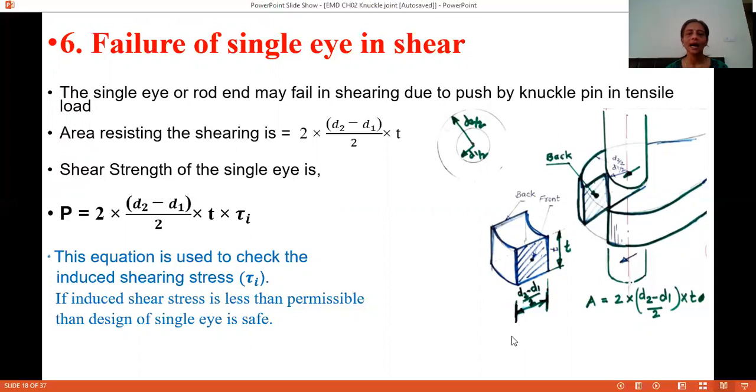And we can see that it is a radial difference, that is R2 minus R1, so we have written it as d2 minus d1 by 2. So the equation of area is 2 into d2 minus d1 by 2 into t. Strength equation is P is equal to area into tau induced. From this equation, we can find shear stress induced, and for safe design, it should be less than permissible value.